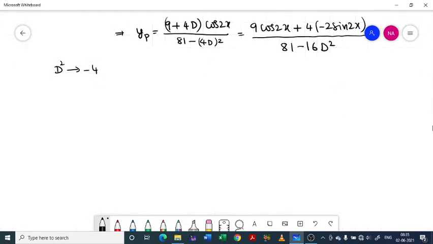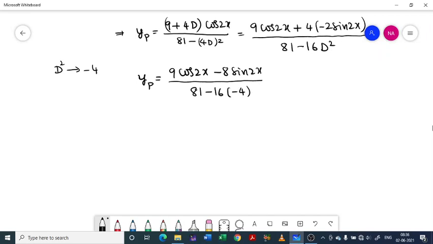So we will be getting yp to be 9 cos 2x minus 8 sin 2x divided by 81 minus 16 times minus 4. So yp you will be getting 9 cos 2x minus 8 sin 2x divided by, I think it will be 145.